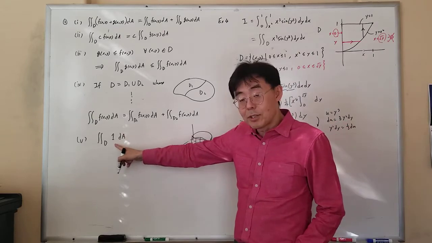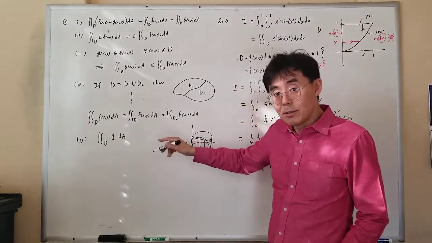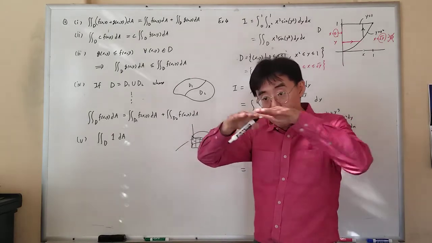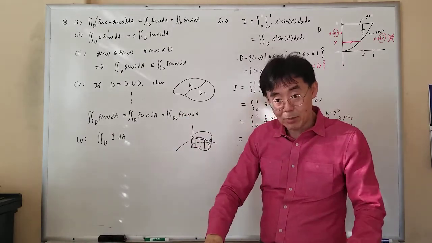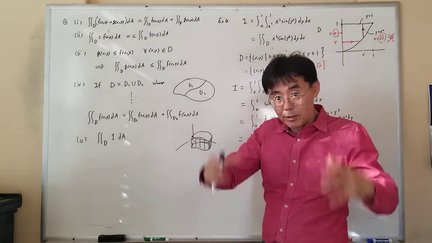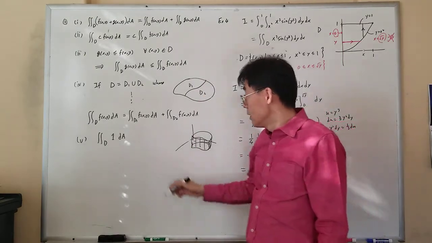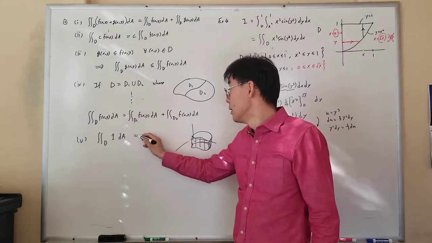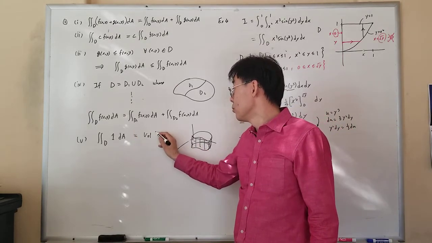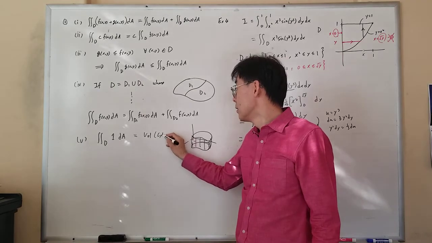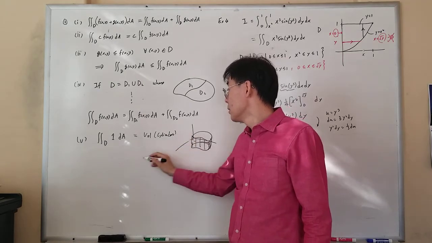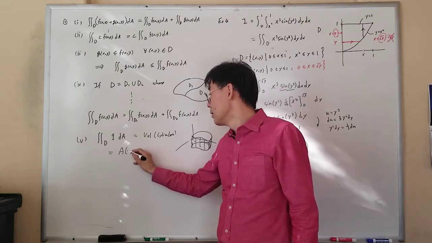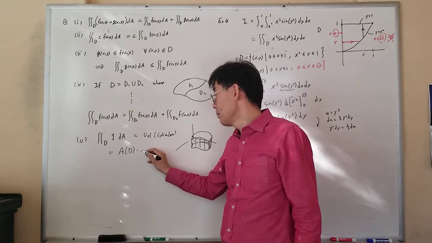So the double integral is the volume of the region bounded above by this constant function 1, bounded below by the xy plane, with vertical side walls. So this is a general cylinder, and the volume of this region is the area of the domain times height.